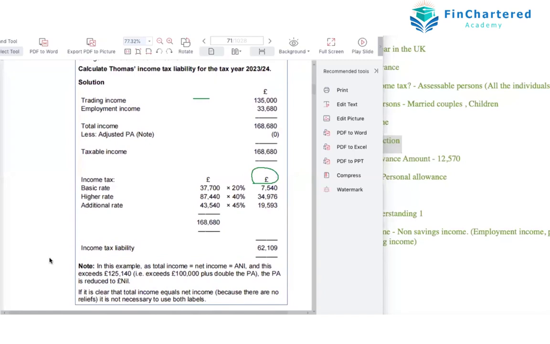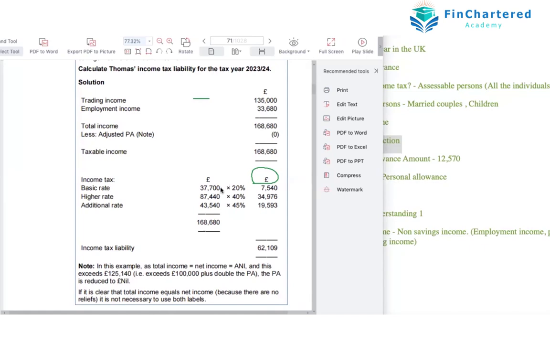But in this case, you do the calculation, you will see that 50% reduction will amount to 0. Okay, so personal allowance is 0. So taxable income becomes your entire amount of 168,680.